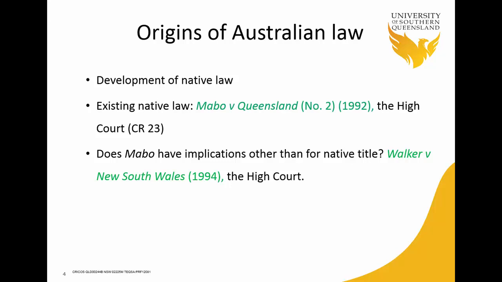So what happened is that by the 19th century, this doctrine was modified to say that by unoccupied we mean unoccupied by an organized society. The benchmark was basically European or industrialized societies.